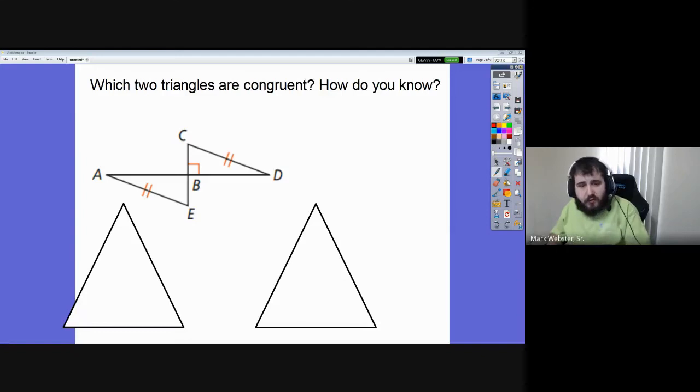Alrighty, so let's go over this one. So here, if you look, all right, so we got a right triangle. We can actually use the vertical angles to transfer the right angle over, right? And then we've got the hypotenuse. We got it over here.